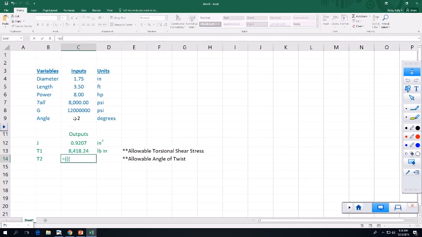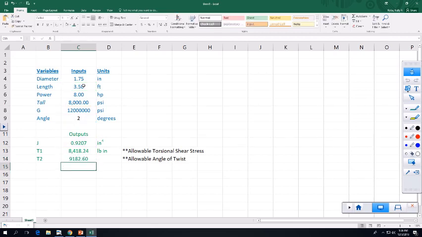Now, angle of twist that I have here is going to be 2 times 2 times 3.1415 parentheses divided by 360 parentheses times G times J close parentheses divided by parentheses length times 12 close parentheses.